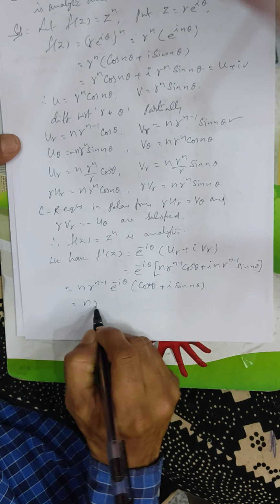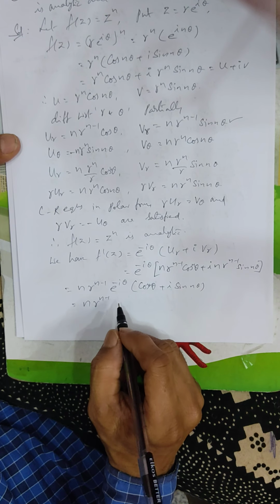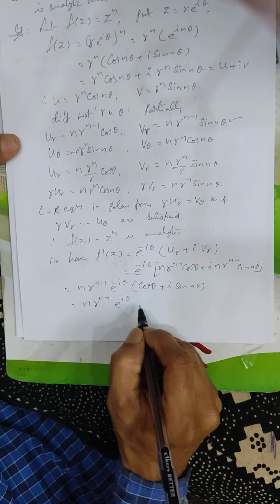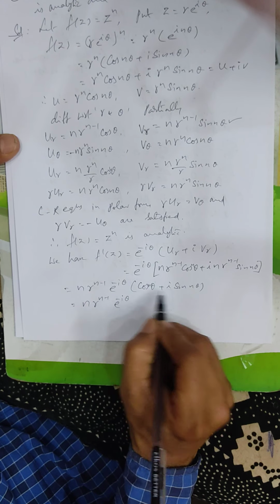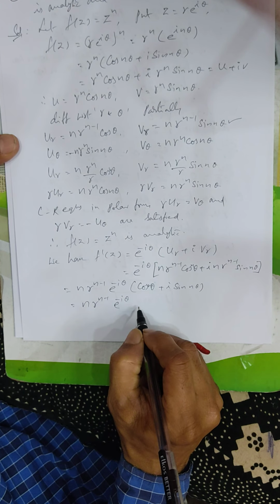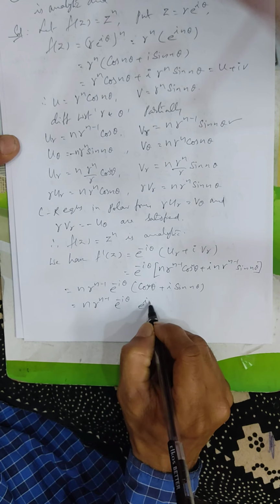That is equal to n into r power n minus 1 into e power minus i theta into cos n theta plus i sin n theta, which can be written as e power i n theta.